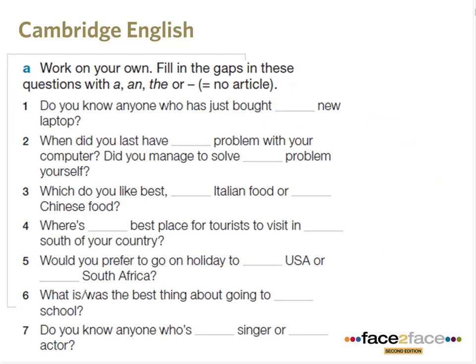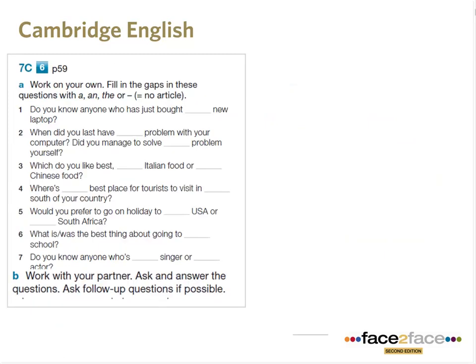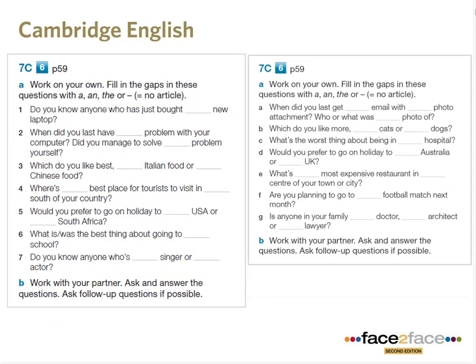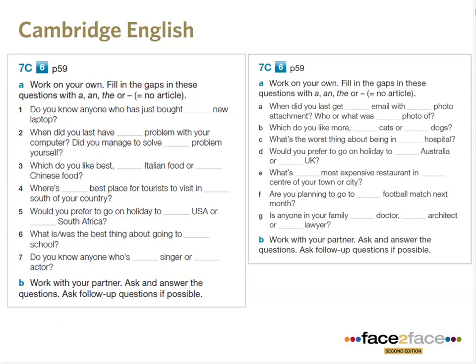So here they fill in the gaps with a, and, the, or nothing. Then they work in pairs and ask and answer the questions. So it's a way of practicing these very grammatical bits of language. And again, we give students A and student B different questions, so that when they're working in pairs, they can practice in pairs and ask each other different questions.